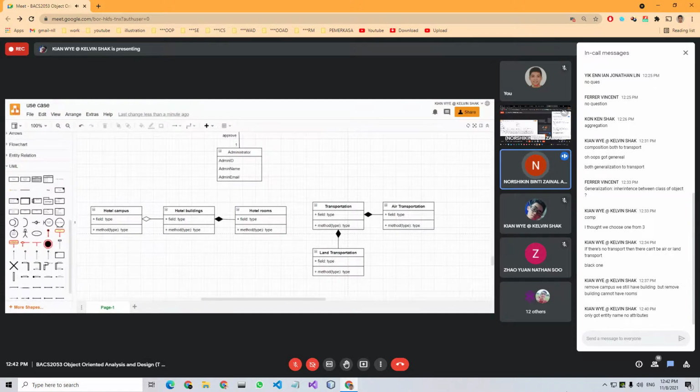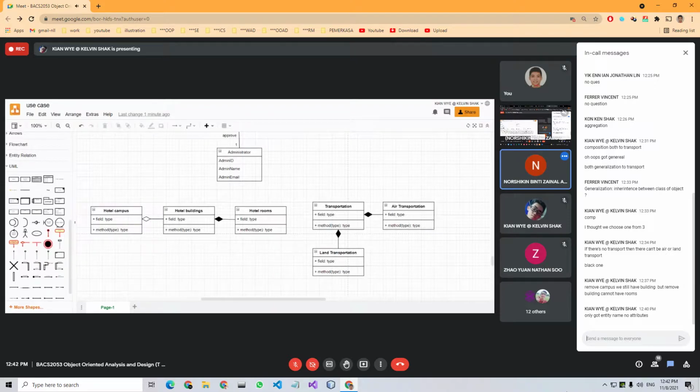If he removes his campus, he can still have the building, as you can see with the notation on the hotel campus. The second and third are hotel building and hotel room. If I remove my building, I can have no room.